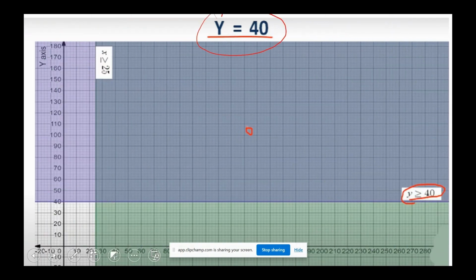Now the next point, y is equal to 40. This is the y-axis, and y is equal to 40 is this point, and we make this line y is equal to 40. But we also know that the actual inequality is y greater than or equal to 40. Now tell me, on this line, the line has been made for equal to 40.